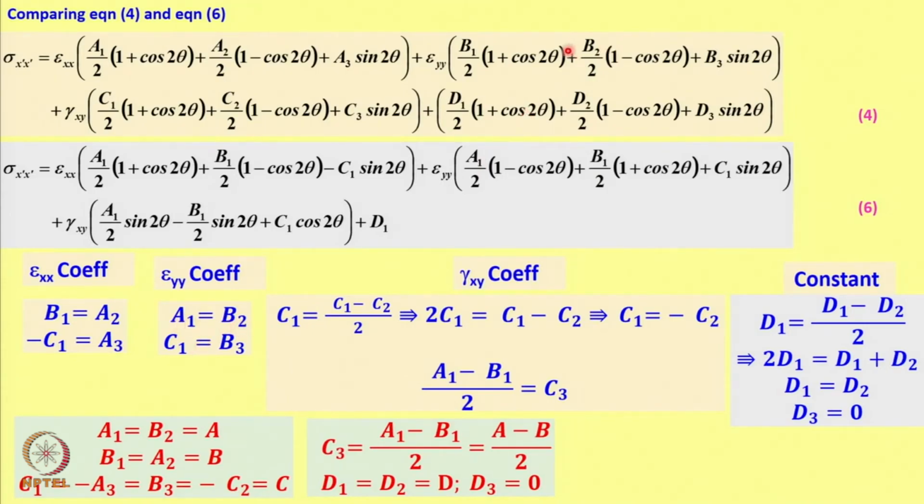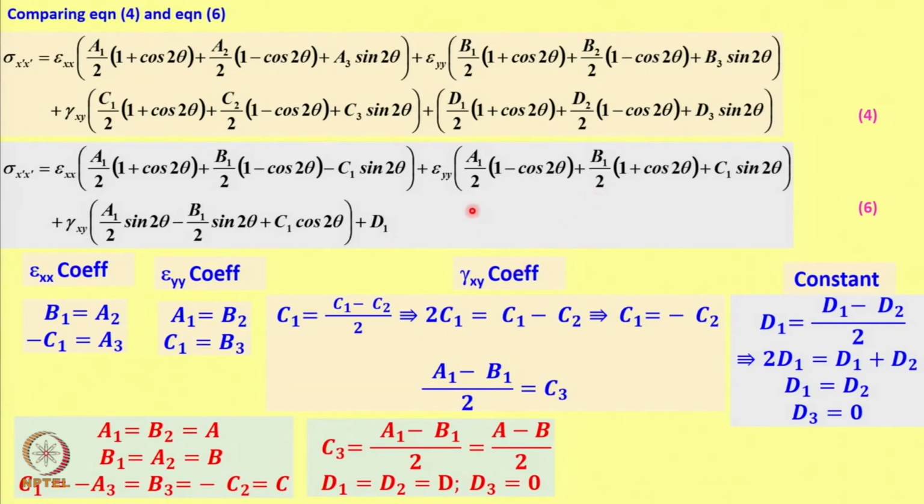Now gamma xy, if we take c1 minus c2, because this is the cos 2 theta coefficient, c1 minus c2 by 2 is equal to c1, that is the coefficient of cos 2 theta. So c1 equal to c1 minus c2 by 2, so you get 2c1 equal to c1 minus c2. If you pull this c1 this side, you get c1 equal to minus c2.